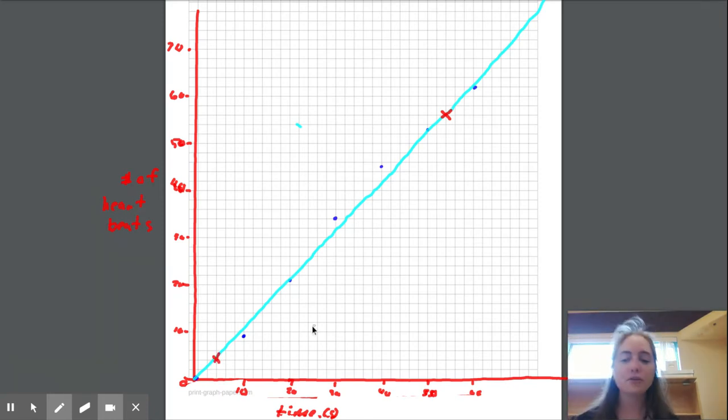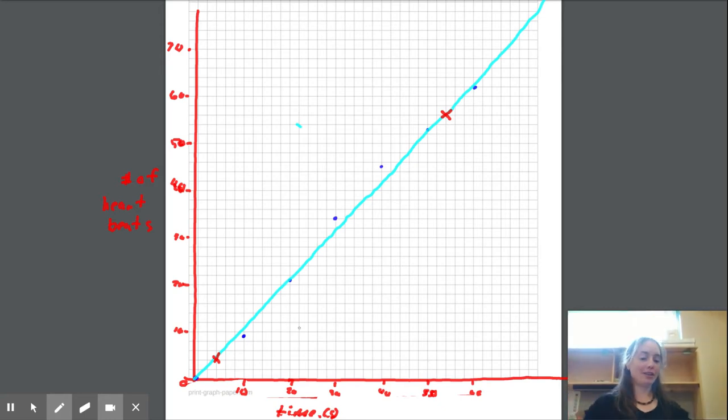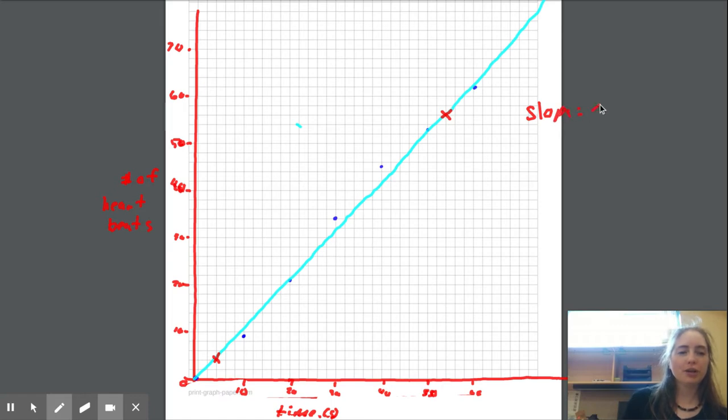Okay. Those 2 points, ladies and gentlemen, that I just put red X's on, those intersect grid lines. It makes life infinitely easier to calculate your slope. Okay. So remember that your slope is going to equal your change in the Y over your change in the X. All right, so we're going to calculate the slope.